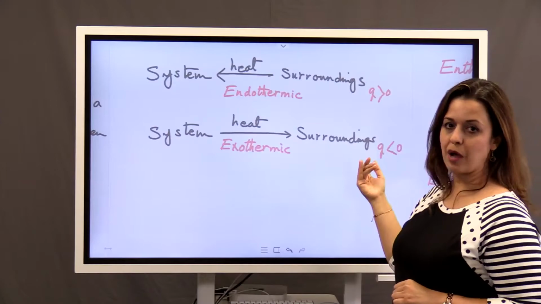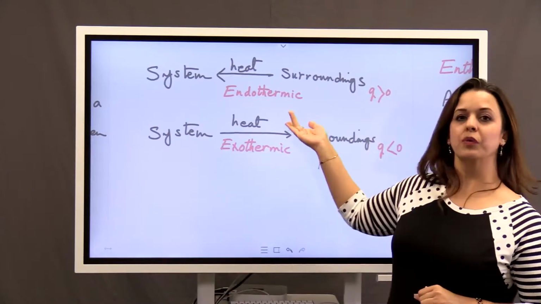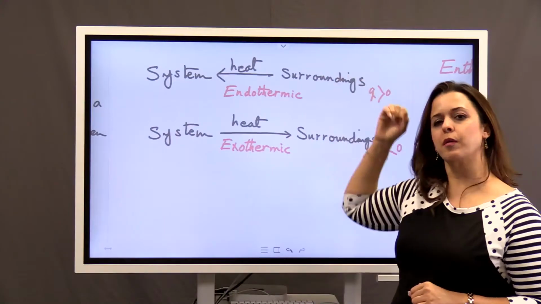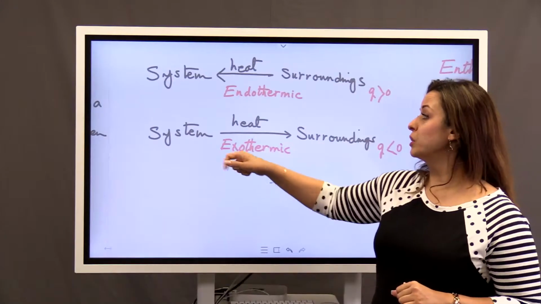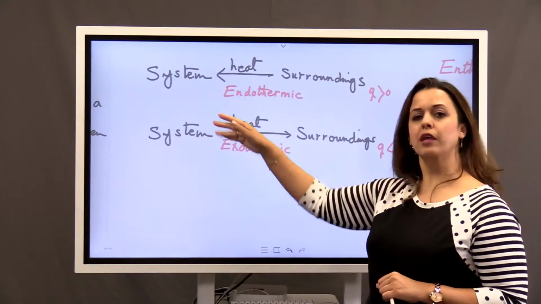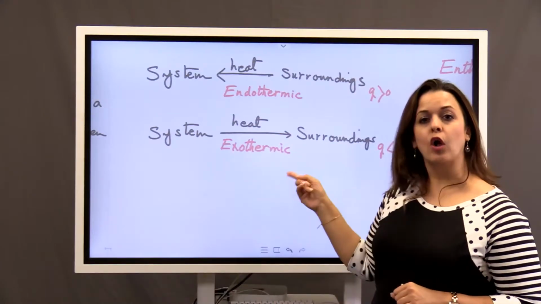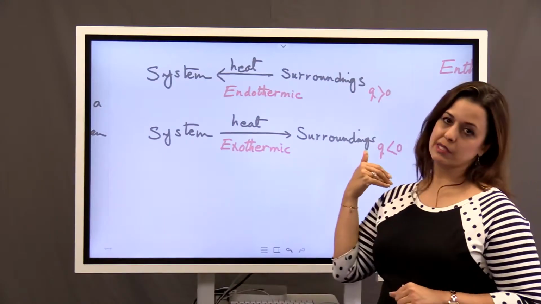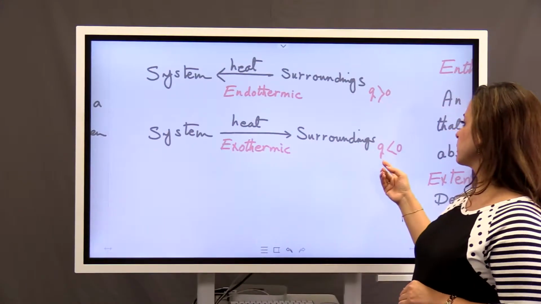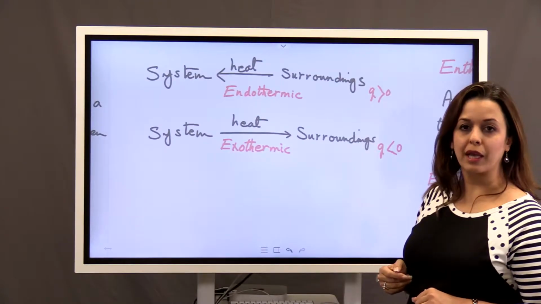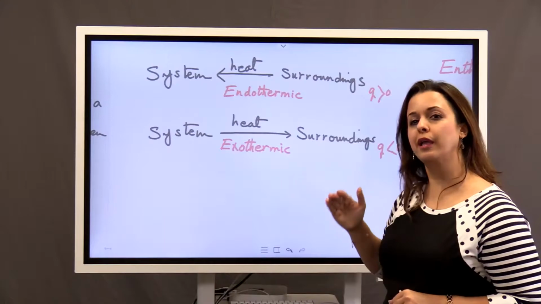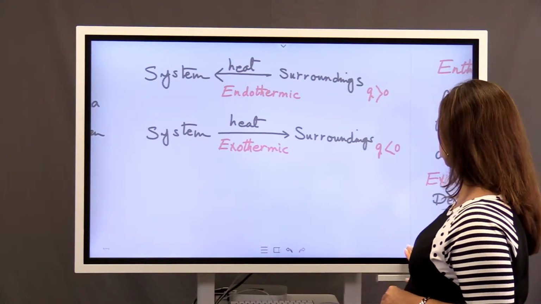So whenever you see a positive sign for Q, it means we're dealing with an endothermic system. Endothermic process means the system absorbs heat. But whenever a system releases heat to the surroundings, it's called an exothermic process. Exo means out. So the system sends the heat out, and the sign for Q will be negative. Okay? This is very important. I want you to keep it in mind, memorize it.